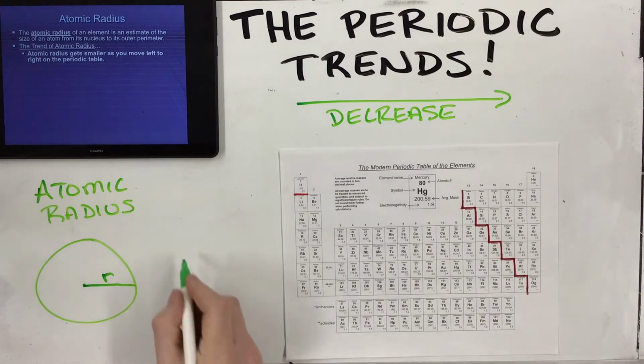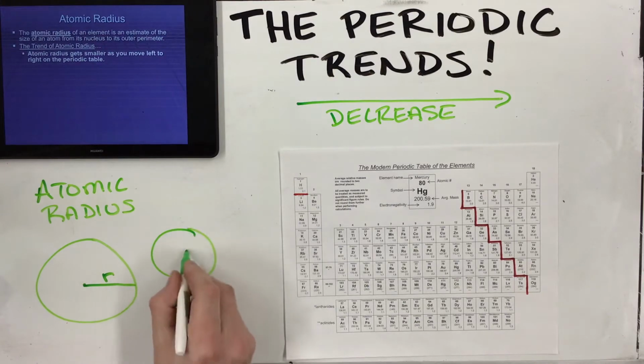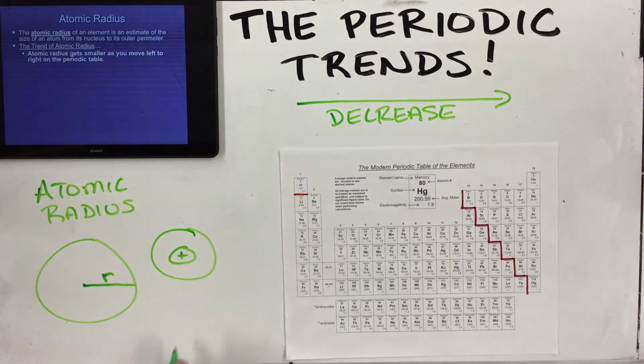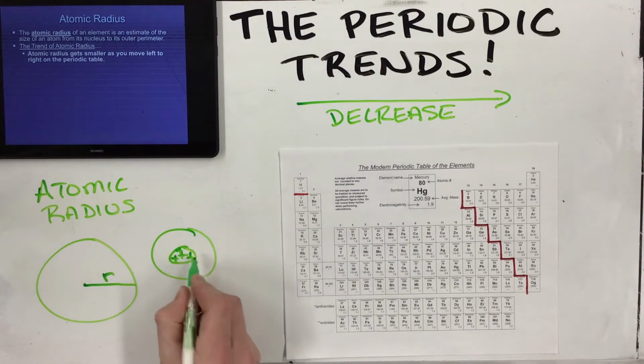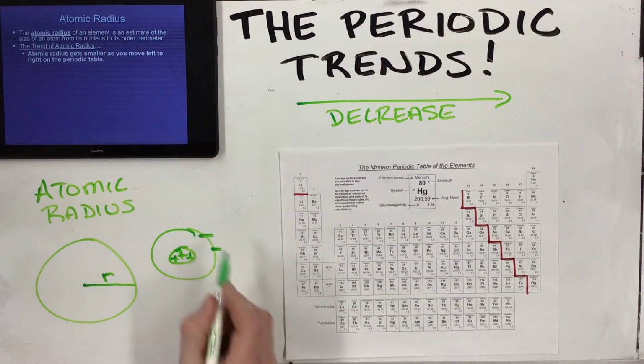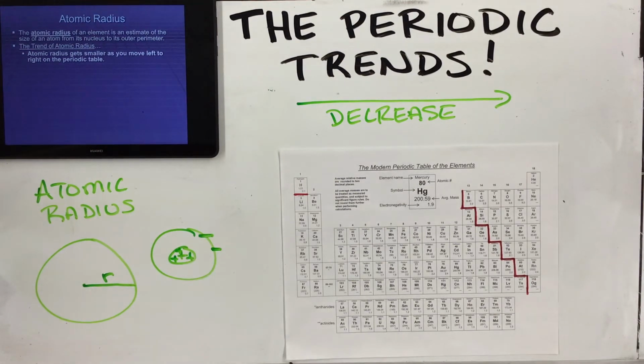So think about an atom. On the inside here is where I have my protons. If I add more and more protons, they're calling out to these electrons with greater and greater force. As you'll learn about in grade 9 electricity, opposite charges attract.